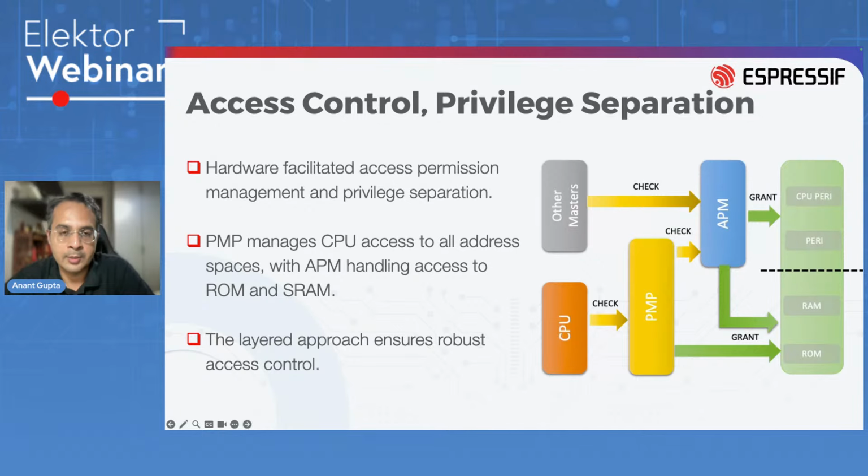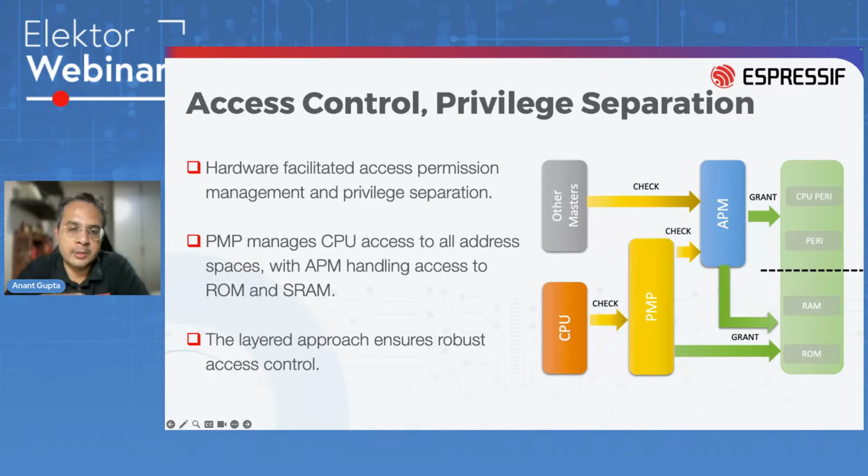So you could partition your peripherals and your memory into 16 different regions and give different kinds of access to different masters, including the CPU as well as other masters like DMA, etc. on the bus as well.